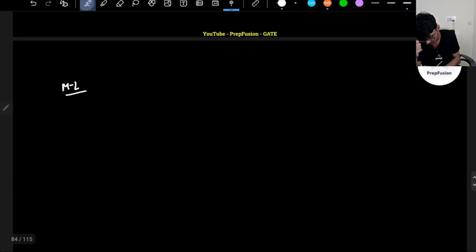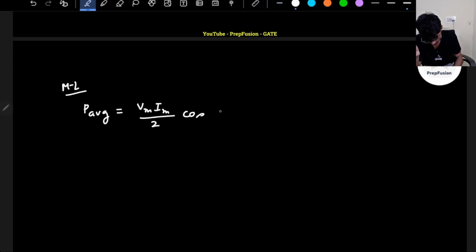Other components we have 3 omega, but I don't have any 3 omega in the voltage. So simply it is VmIm by 2 into cos of the angle between them.